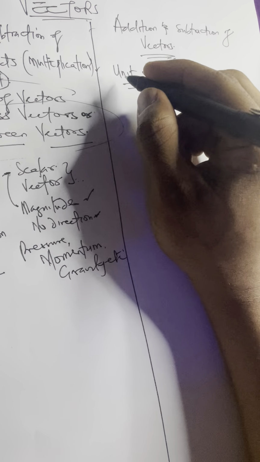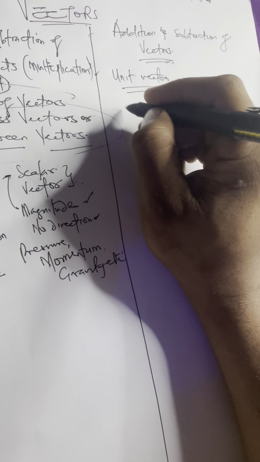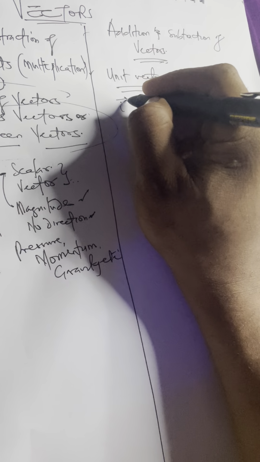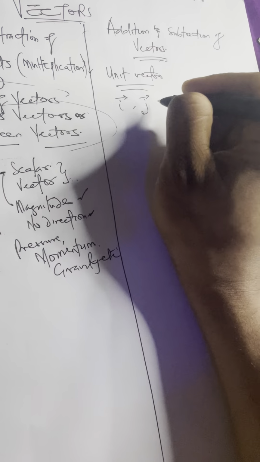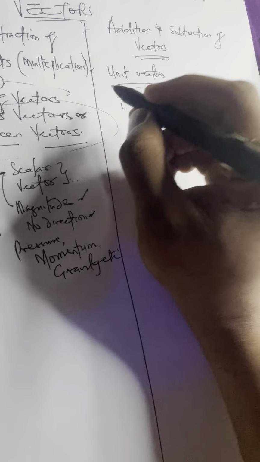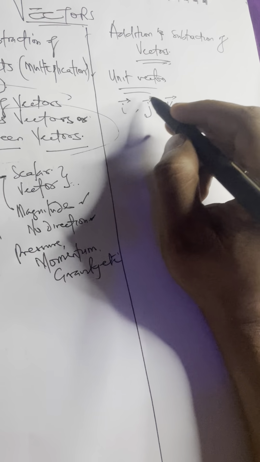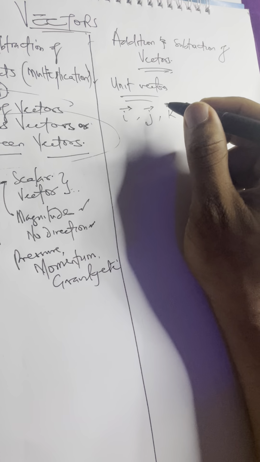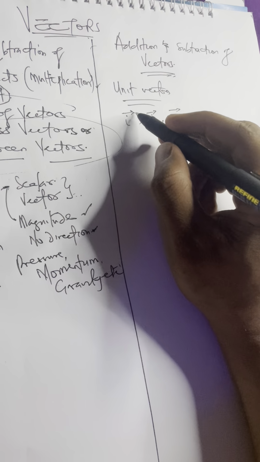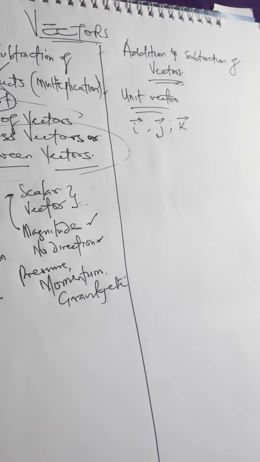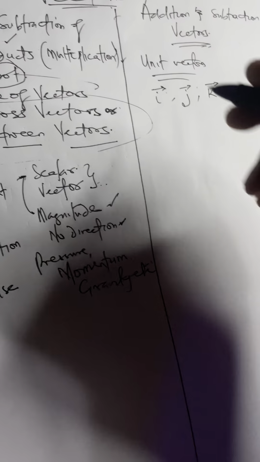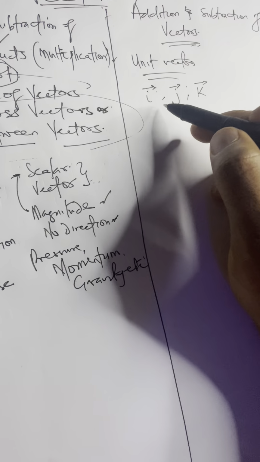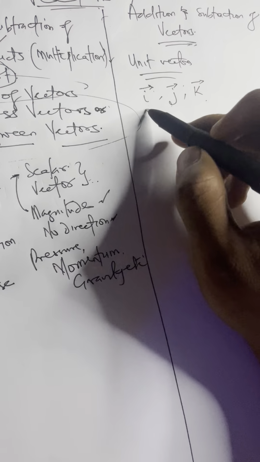When we say vectors, we are talking about vector unit i, vector unit j, and vector unit k. The arrow at the top pointing rightwards explains the fact that it is moving in a particular direction. So we have these unit vectors as i, j, k.